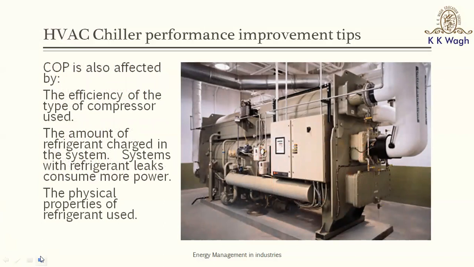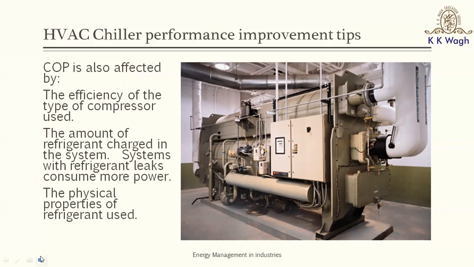Now, we need to also understand that because the HVAC system involves many things like refrigerants as well as compressors, the properties of the refrigerants also play an important role in improving the performance of the HVAC chiller. The amount of refrigerant which one uses in the HVAC system has a bearing on the performance of the HVAC system, its coefficient of performance.